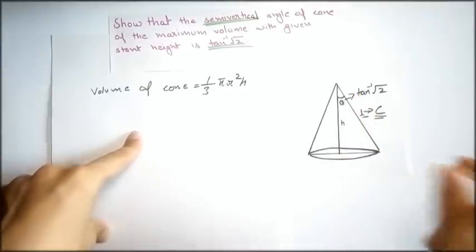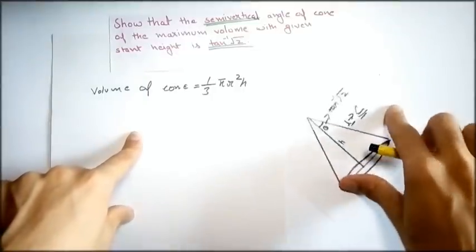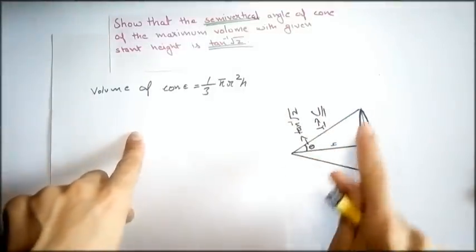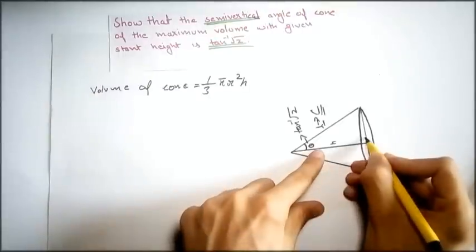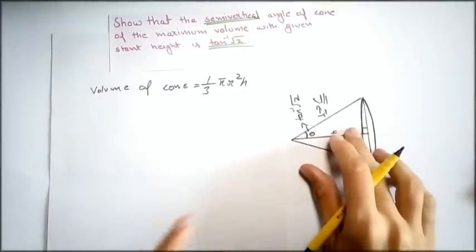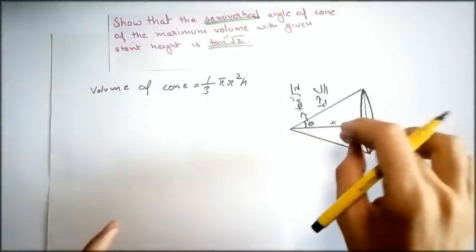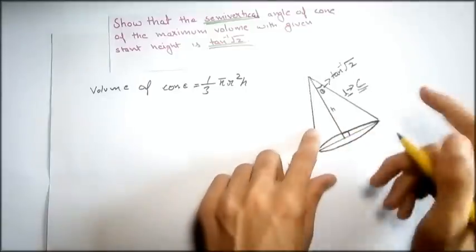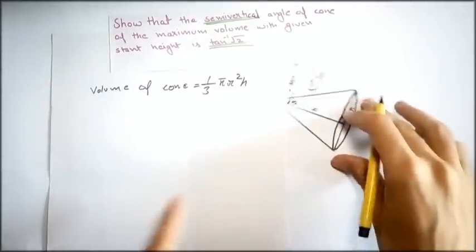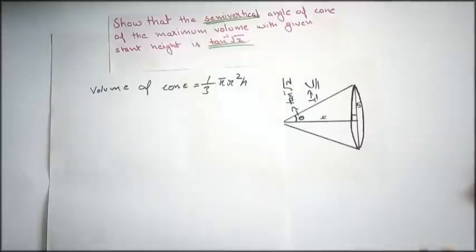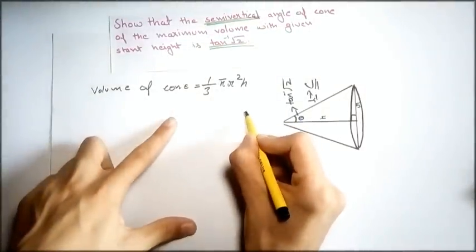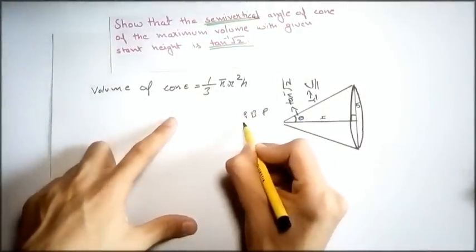So how will we find r and h? See this: it is a right angle triangle, so we can use trigonometric functions to find h and r. R is the radius of this cone.